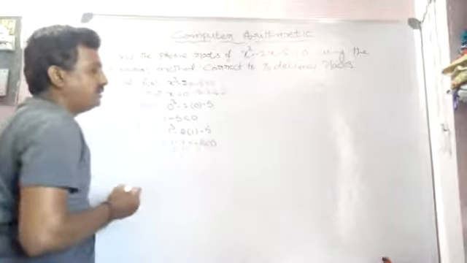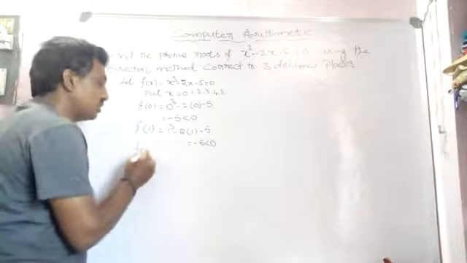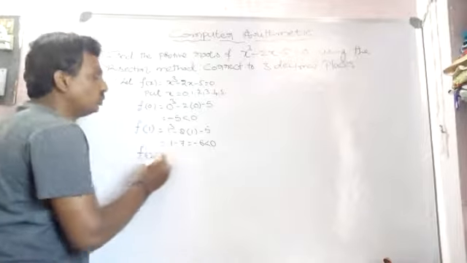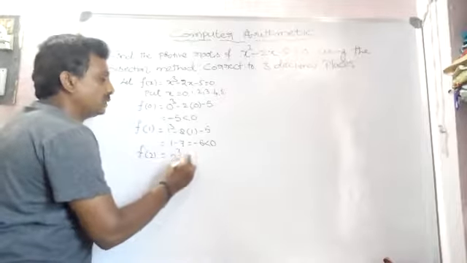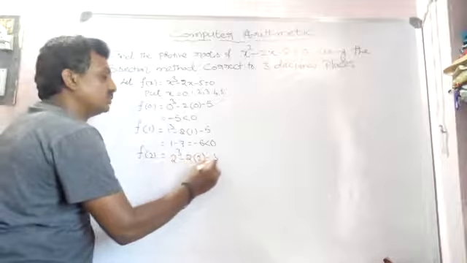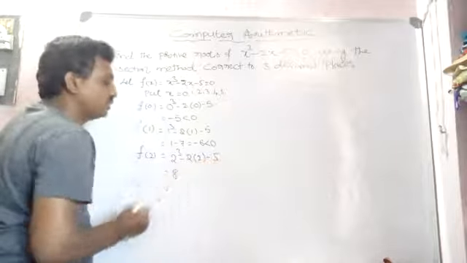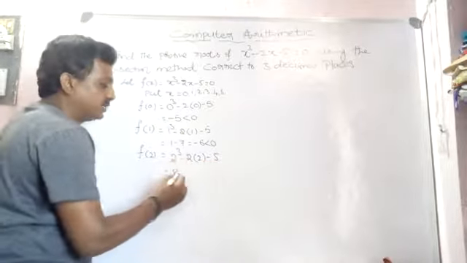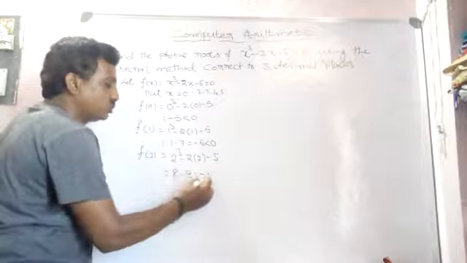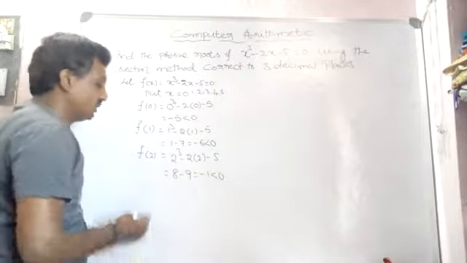It is less than 0. Next, f of 2 equals 2 cube minus 2 into 2 minus 5, that is 8 minus 4 minus 5, equals minus 1. It is also less than 0.